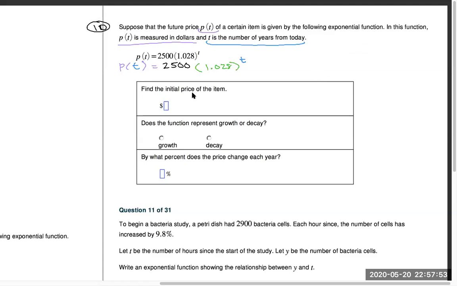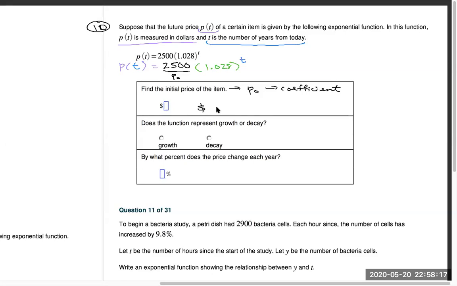Okay, so find the initial price of the item. If you have P of T here, this would essentially be your P sub 0 coefficient.